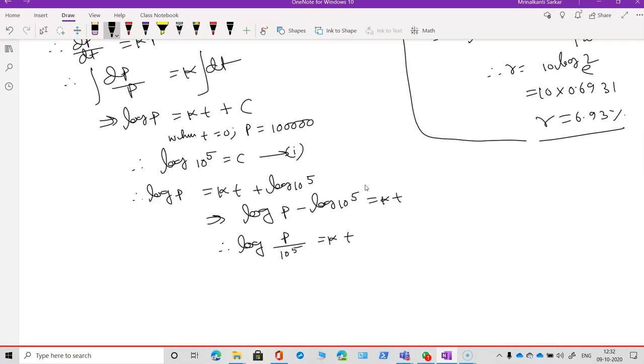Now it is given that it is increased 10% in 2 hours. This is the condition you can use here, or you can write P is equal to 10 to the power 5 e to the power kt.